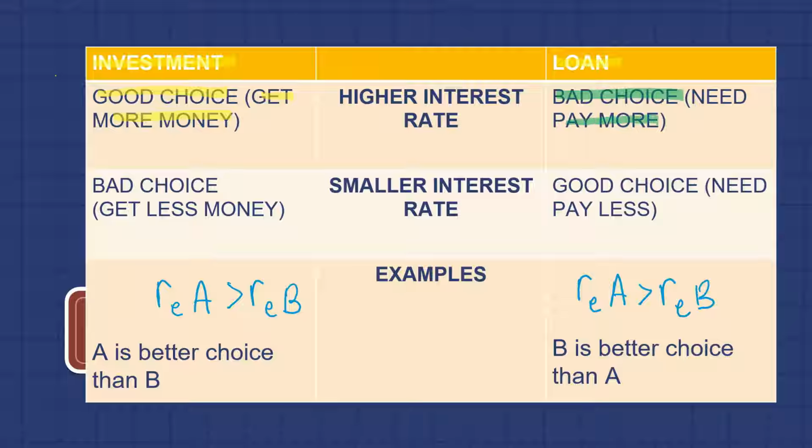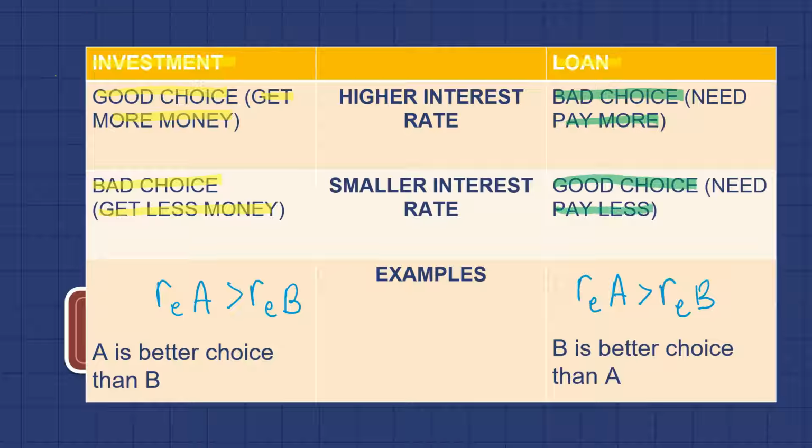And then a smaller interest rate for investment will be a bad choice for you to accept because you will get less money. However, for a loan, if you are offered a smaller interest rate, then it will be a good choice for you because you need to pay less.